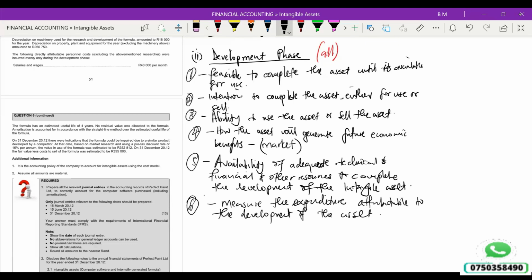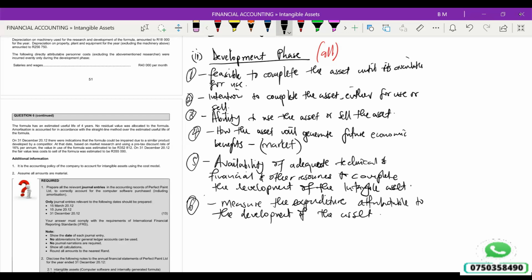So when it comes to intangible assets, sometimes they can ask you the theory side of it. That's why we're just talking about it. You need to demonstrate all these six steps to say, no, it is feasible for us to complete the asset. Our intention is that we are going to complete the development of the asset.